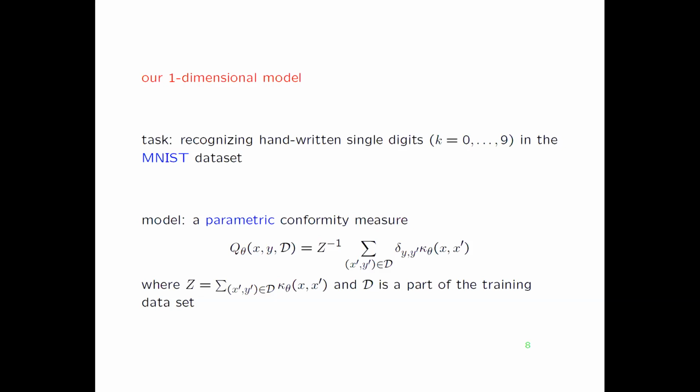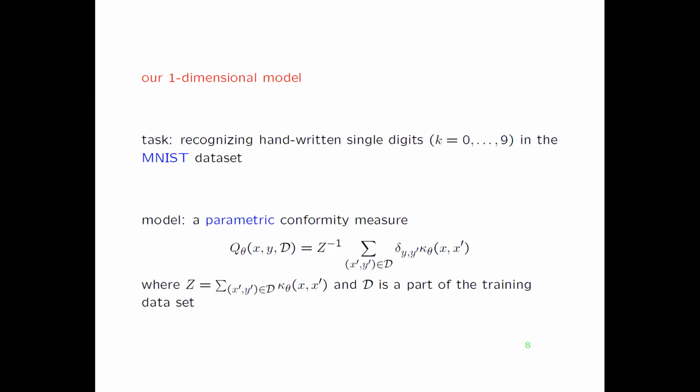We choose, as I said, a one parameter model, and this is the form of the conformity measure. Actually, we are measuring the kernel similarity of the labels: for a given y, let's say a given label, we check all the objects that have the same label and average their kernel similarity. This Z is just a way of normalizing.